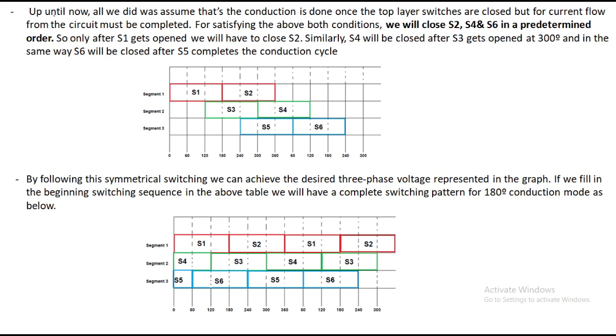Next, up until now we assumed that the conduction is done once the top layer of switches are closed, but for the current flow the circuit must be completed. For satisfying both the conditions, we will close S2, S4, S6 in the predetermined order. Understand?